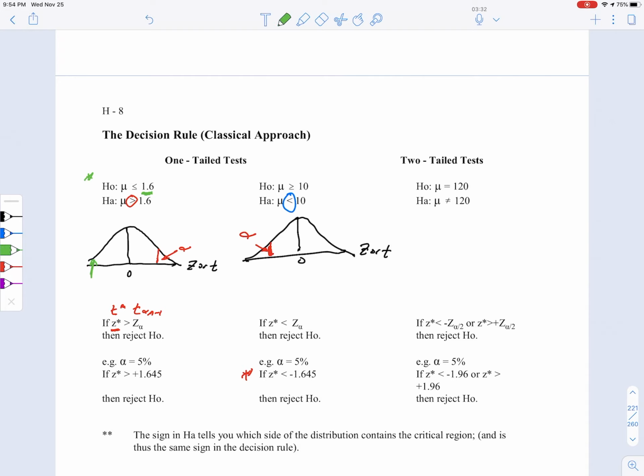In a two-tailed test, what you do is you say your H0 is just simply that mu is equal to 120. And so either a very high X bar or a very low X bar would cause you to reject H0. So what we do in that particular case then is we take our alpha and we split it in half.